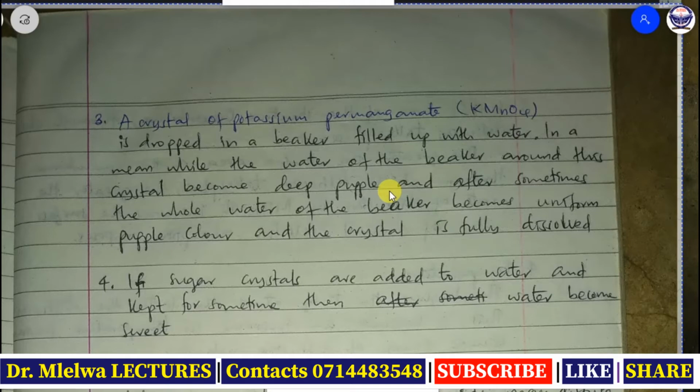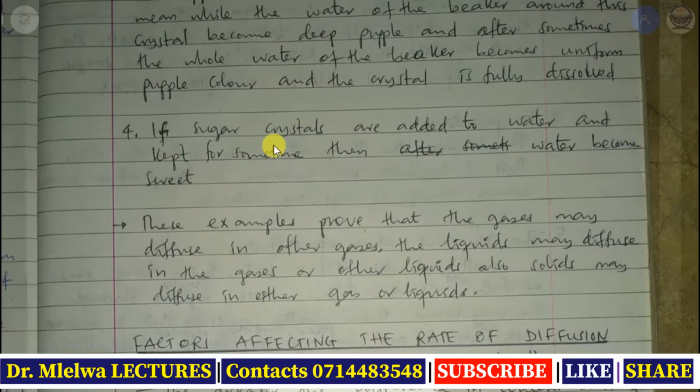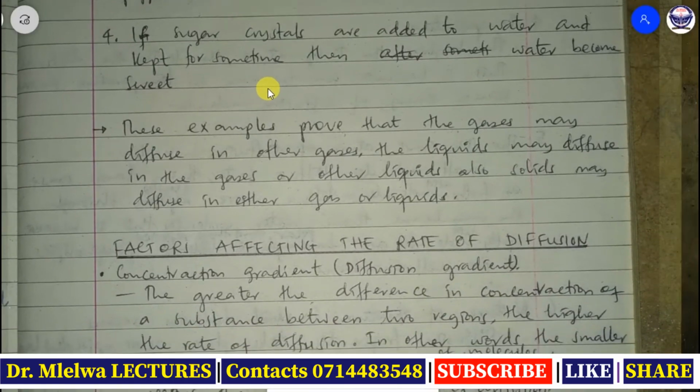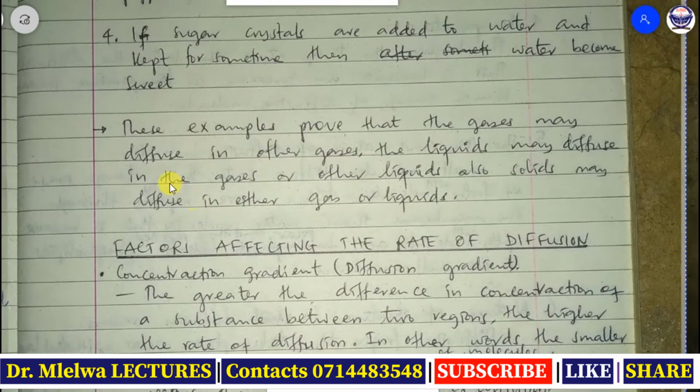After some time, the whole water of the beaker becomes a uniform purple color and the crystal is fully dissolved. First the water near the crystal becomes deep purple, but later, as time goes, all the water becomes purple. It is because of the diffusion of the potassium permanganate molecules.